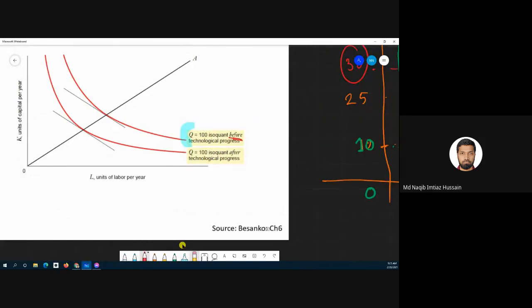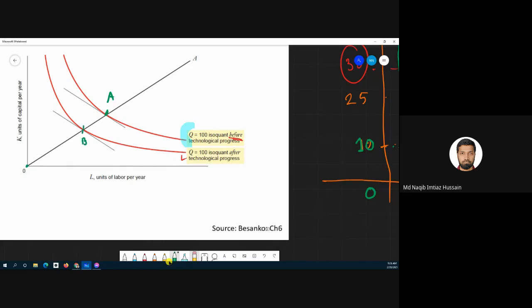This is before the progress, and this one is after the progress. So obviously this will be closer to the origin. Now let's say before the progress, this was your point of operation, point A. You draw a line connecting the origin and point A, and you see this line cuts the new isoquant line at point B.